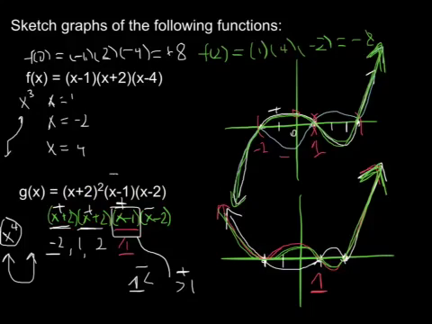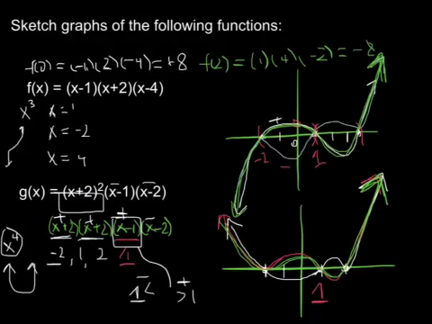And for all values less than -2, this will also be negative. What about this factor? Well, remember what happens when you square any number. It's of course going to be positive. So even if I plug in a number less than -2, this will be positive.